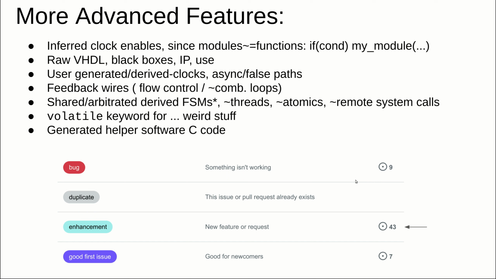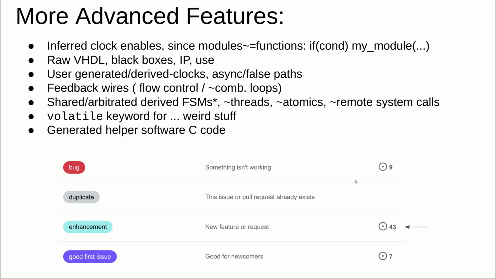In Verilog or VHDL you can't conditionally instantiate a module at runtime or something like that. But in PipelineC, that does have a meaning, and it ends up inferring clock enables for things. I had mentioned a few times that you can insert raw VHDL, and this lets you get black boxes in there, or IP you have existing elsewhere.